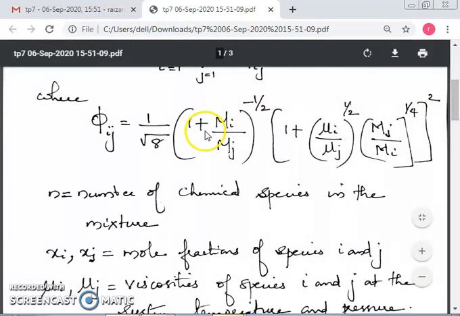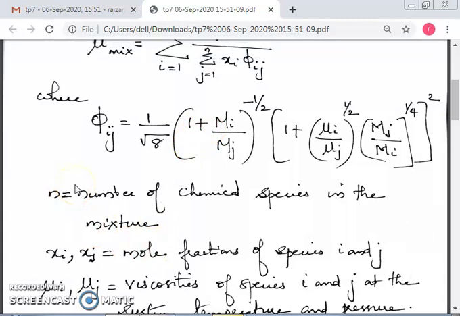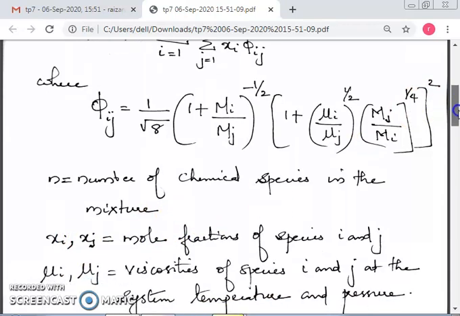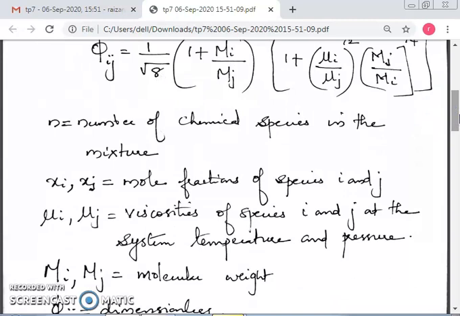So here n, the small letter n, means it is the number of chemical species in the mixture, and i and j denote each chemical species. So we have totally n species. This xi, xj means it is the mole fraction of species i and j. Then mu i, mu j are the viscosities of species i and j at the system temperature and pressure.